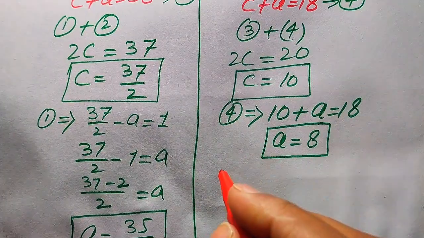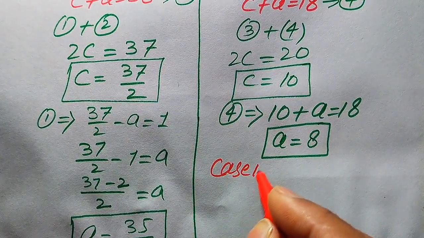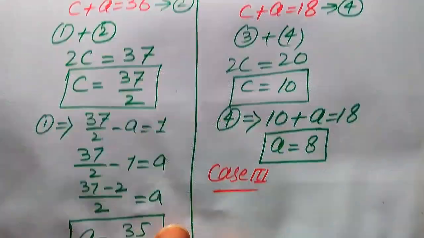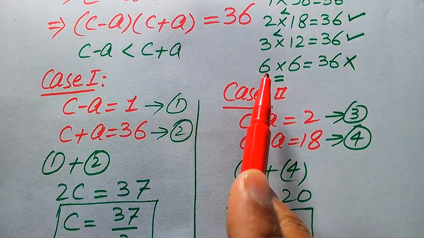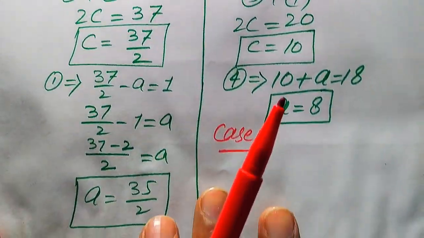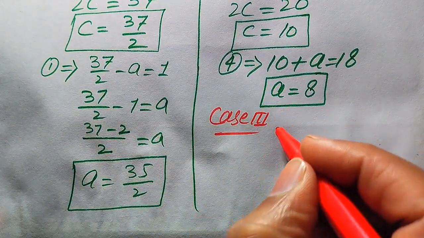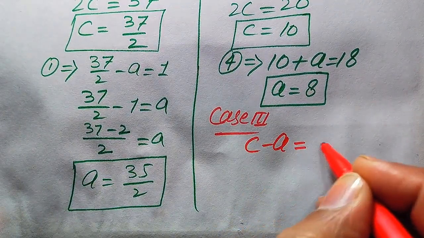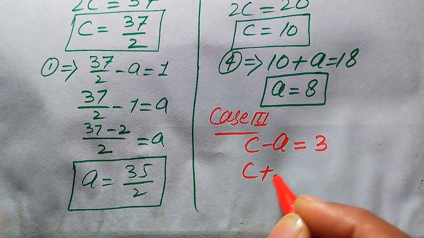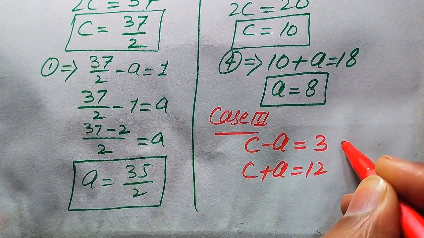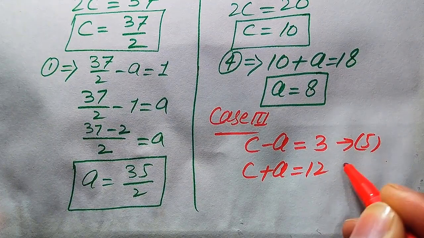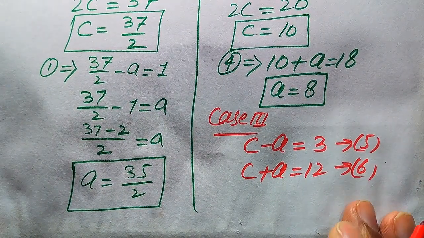In the same pattern we move towards our third case, and in the third case we compare both of these two factors with 3 and 12, and after comparison of these values we obtain c minus a equals 3 and c plus a equals 12. So we again call this equation number 5 and this equation number 6.